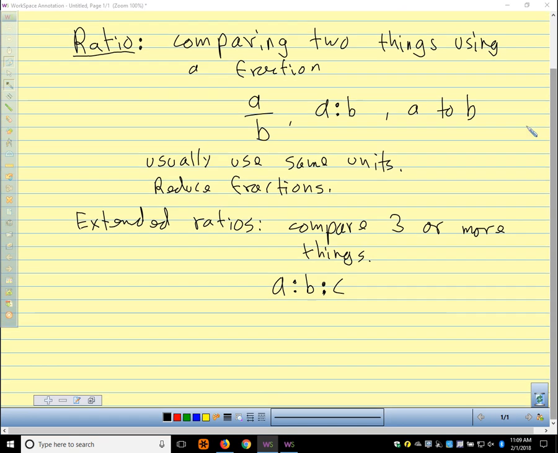And this extended ratio gives us various regular ratios. We have the ratios A to B, A to C, and B to C. So we can compare the things in pairs with a ratio.